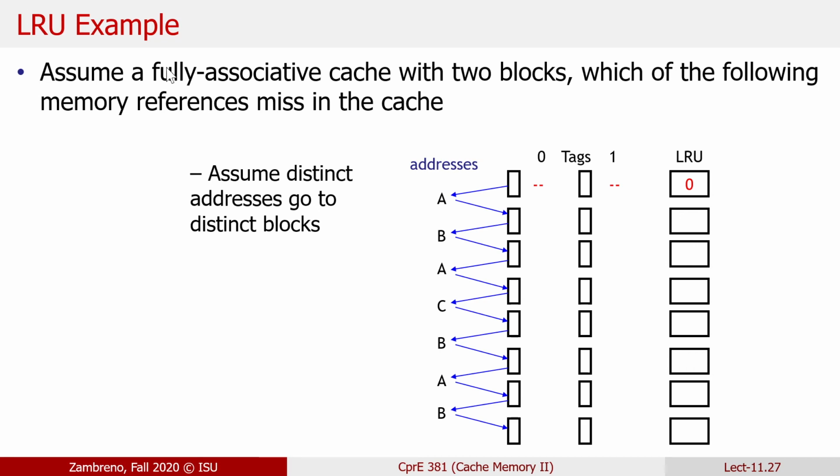So we have two locations in the cache, a left and a right, or a 0 and a 1 location in the cache. And our addresses as they come in can go to either of those locations in the cache.